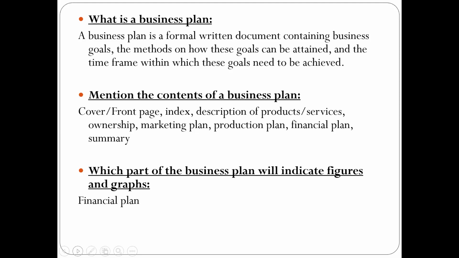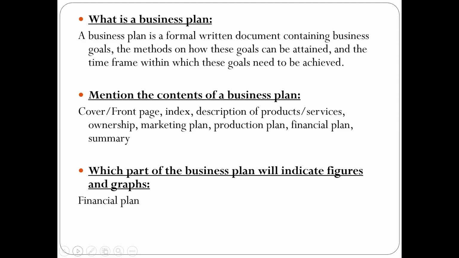Question number 2, mention the contents of a business plan. Now, for 5 marks. As long as you have 5 things there, then you can give yourself the 5 marks. So either it's going to be the cover or the front page, index, description of product or services, ownership, marketing plan, production plan, financial plan, and the summary.